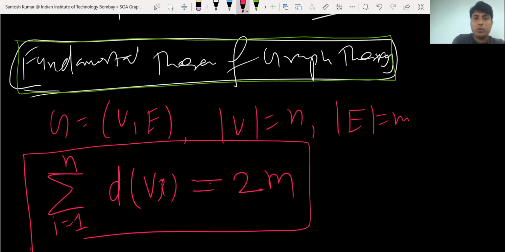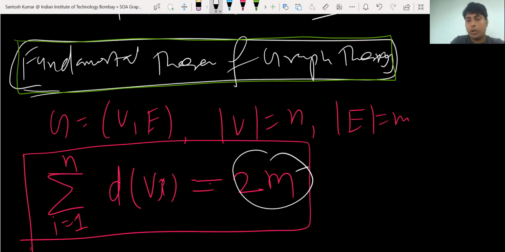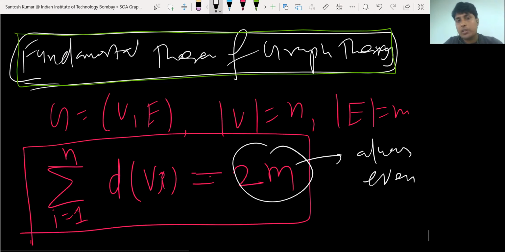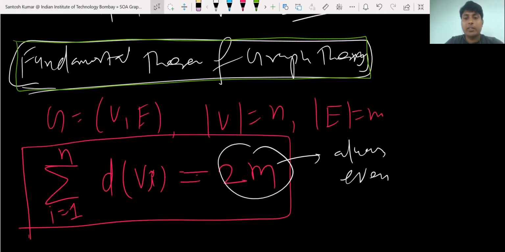And this means 2m is even, so this is always even. So the sum of degrees of all vertices of a graph is always even. I will prove this result in the next class. Okay. Thank you so much.